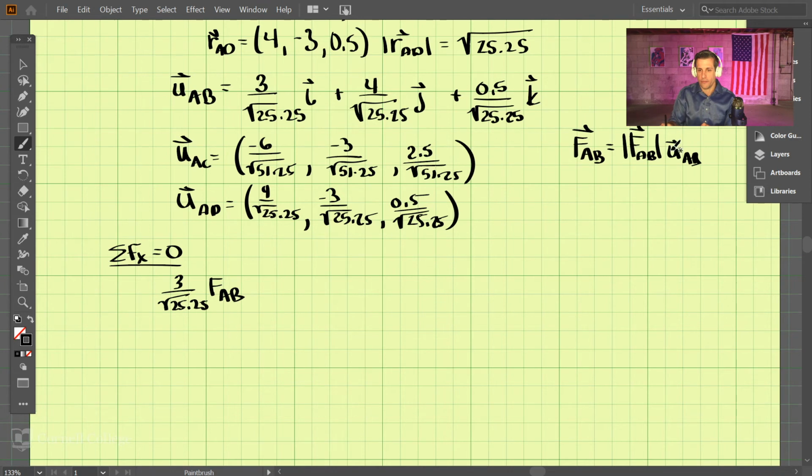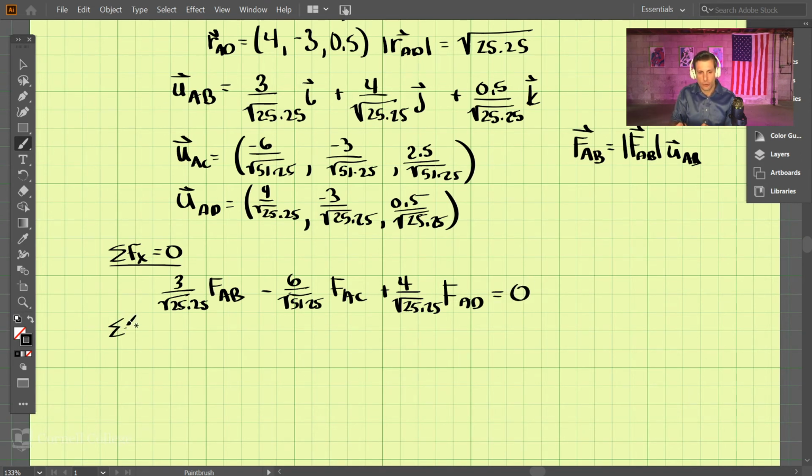We're taking the unit vector times the magnitude, which I'm just going to write as FAB, minus 6 over the square root of 51.25 FAC, and then plus 4 divided by the square root of 25.25 FAD. Those should be all the x components here, and we set that equal to 0.